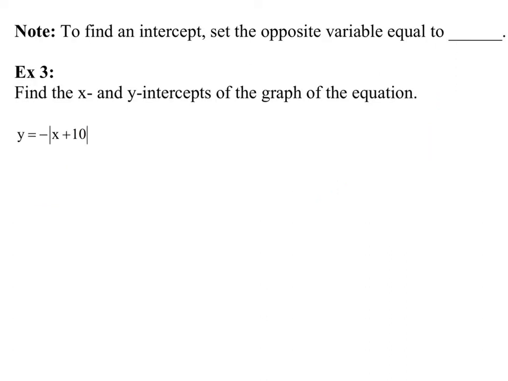All right, to find an intercept, very important concept, set the opposite variable equal to 0. Always set it equal to 0. All right, so for this graph, or this equation, I need to find the x-intercept and the y-intercept. Or there could be more than one. Okay, so if I'm going to find the x-intercept, I need to set y equal to 0.